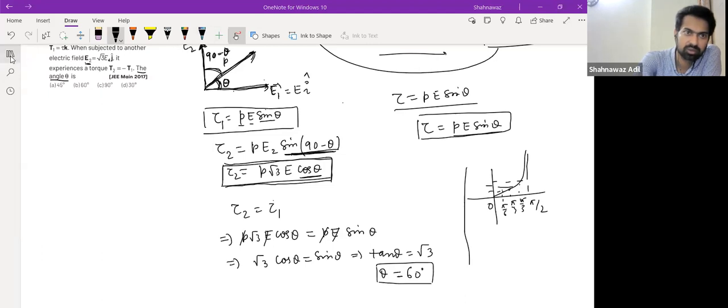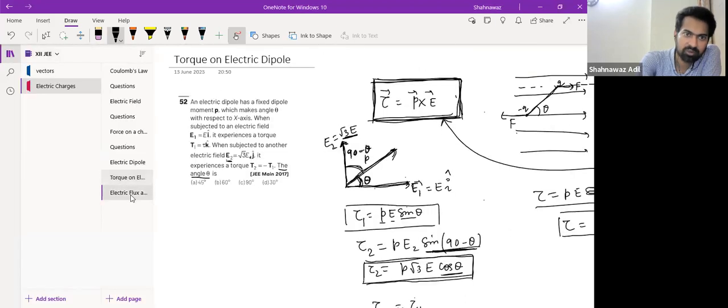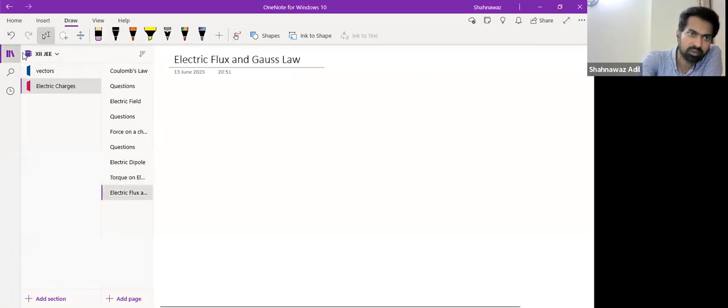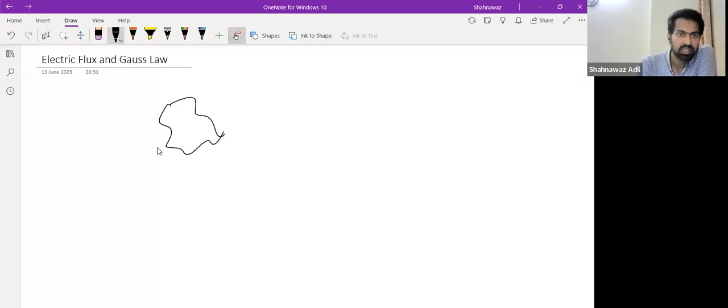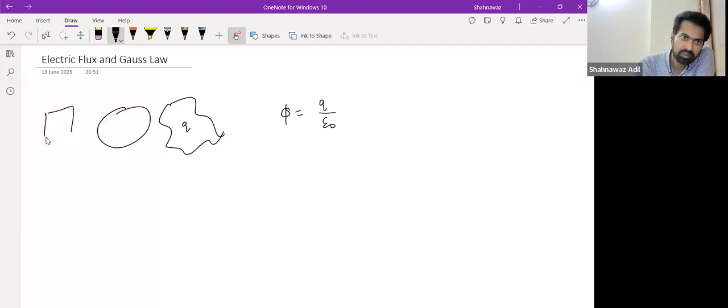Yes, sir, please. Okay. So now the next topic would be electric flux and Gauss law. You guys already know that for a closed surface, if you place some charge, the flux would be Q by epsilon naught simply. It will not depend upon the size and shape of the surface.